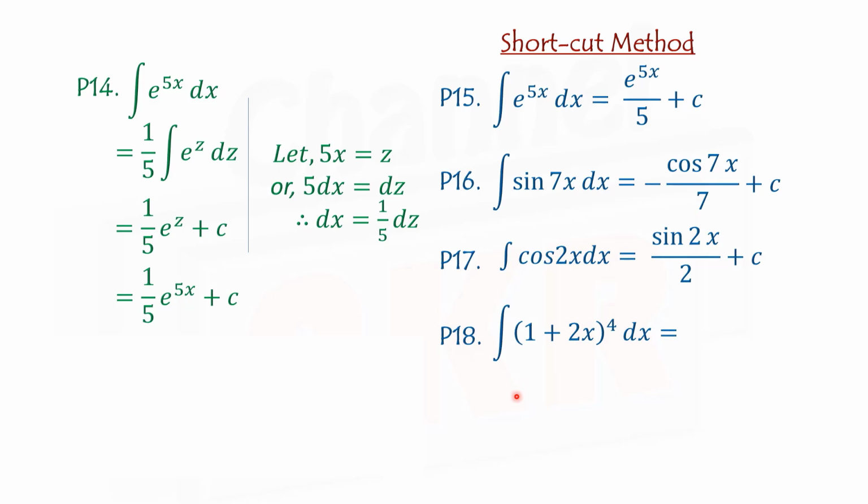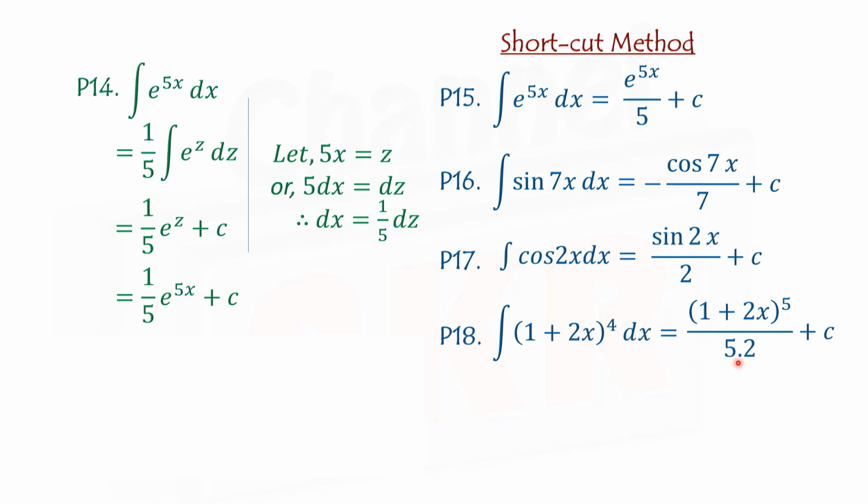Then problem number 18, this is actually x. We can consider 1 plus 2x as x. Integration of x to the power n, we can write x to the power n plus 1 by n plus 1. So 4 plus 1 by 4 plus 1. That is 1 plus 2x whole to the power 5 by 5.